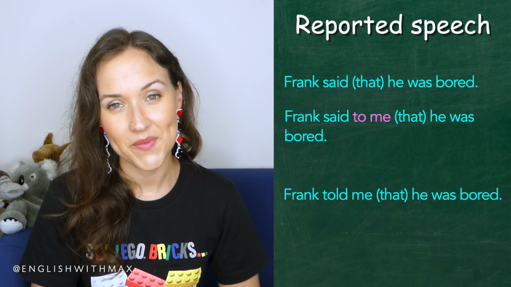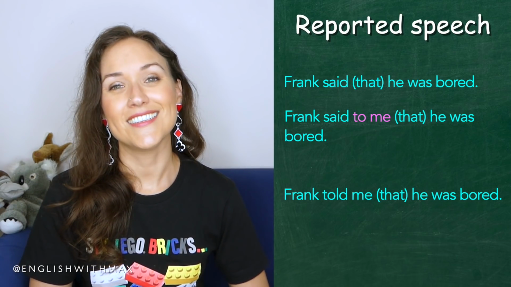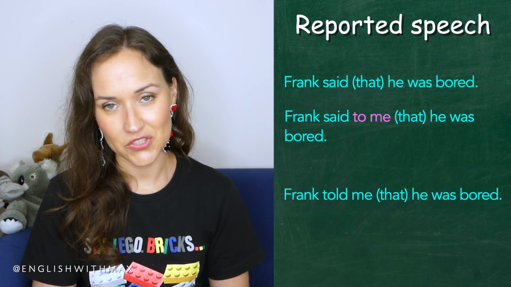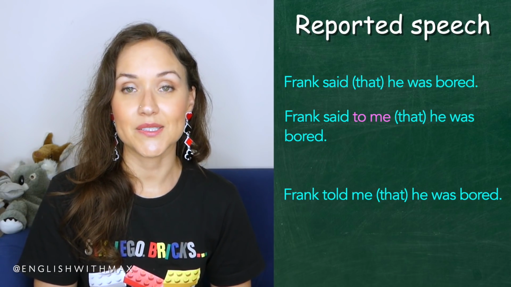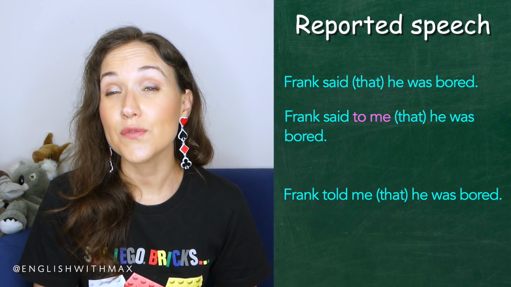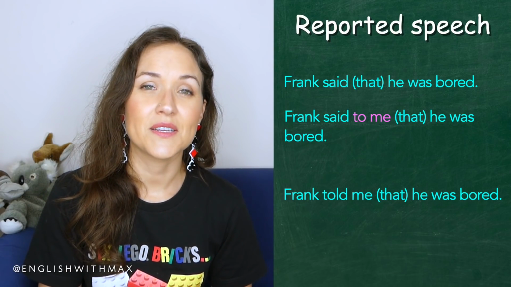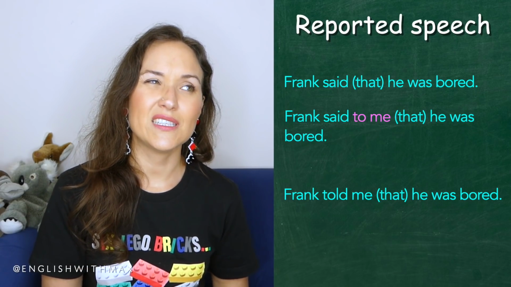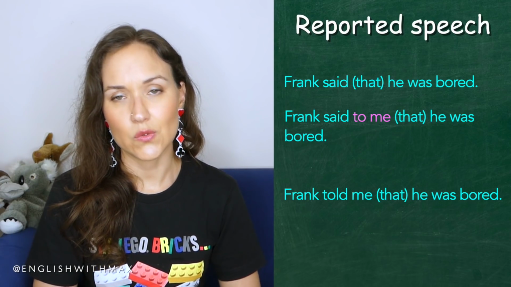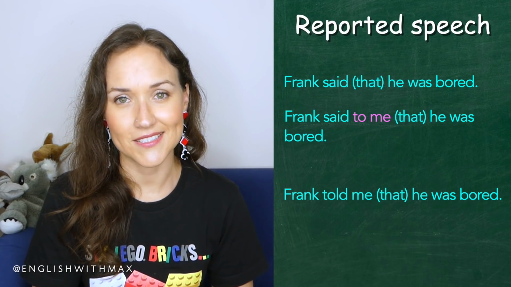And by the way, the that in these sentences is optional, which is why I put it in parentheses. We often use it in formal writing, but when we speak, we don't usually use that in these types of sentences.